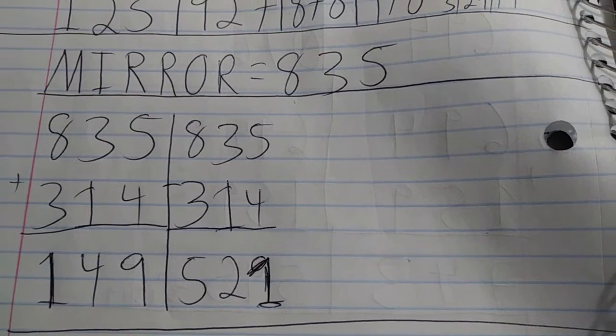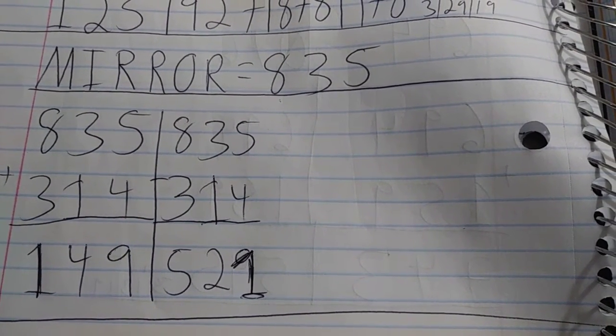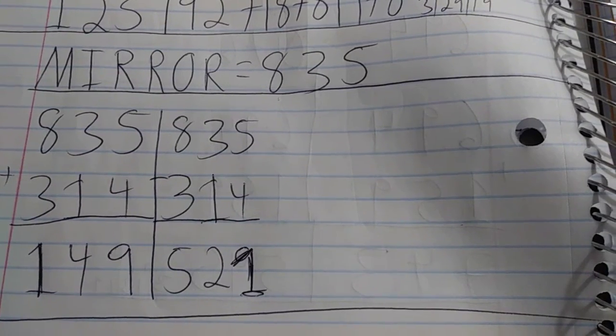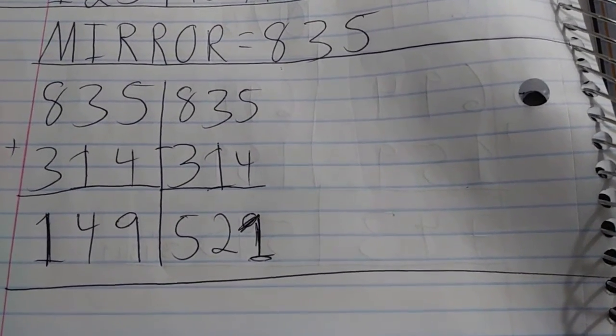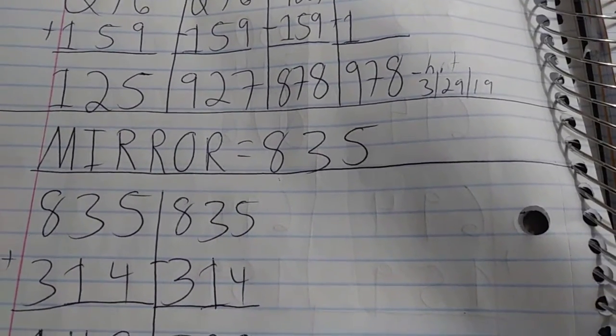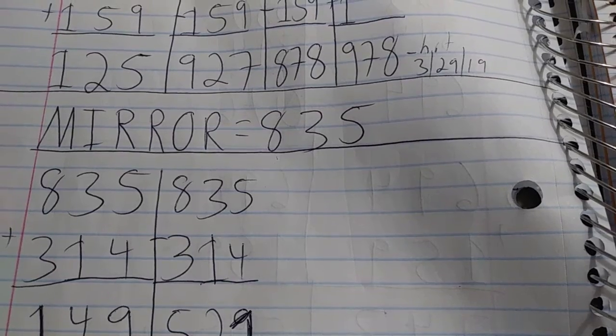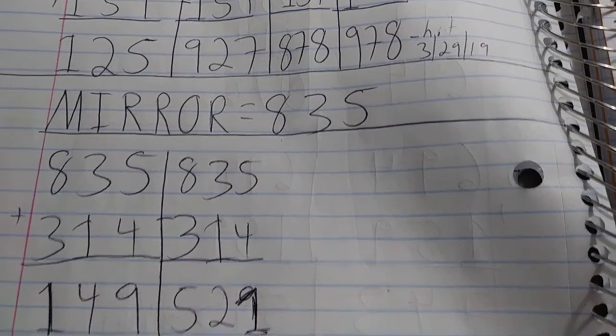So you're going to also mirror that 308, so that's 835, and you're going to do the exact same thing. Not necessarily this part right here, but as far as the main stuff, adding 314 and 159 and subtracting that also.